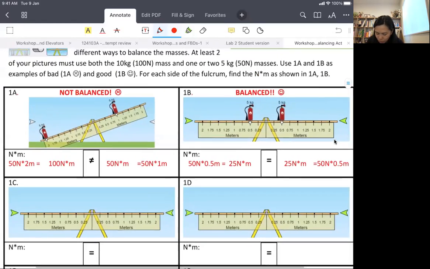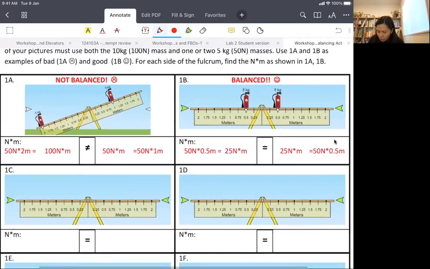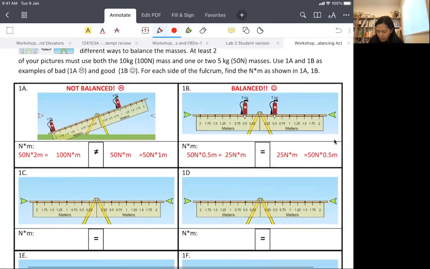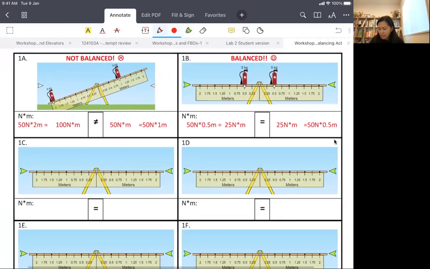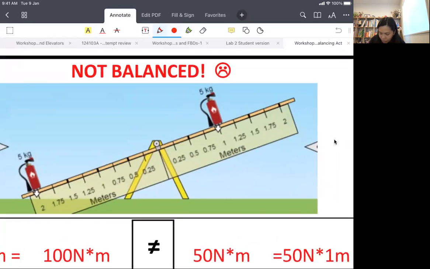Say, for example, for the first one, the idea behind this is seeing a pattern for when the beam is balanced and therefore you have equilibrium. The first example shown here is when a 5 kilogram object, let me just make this bigger.